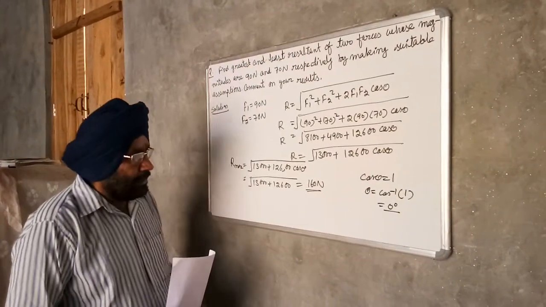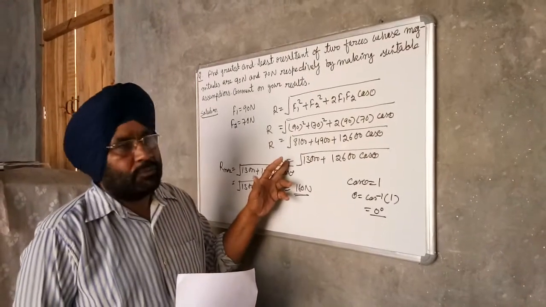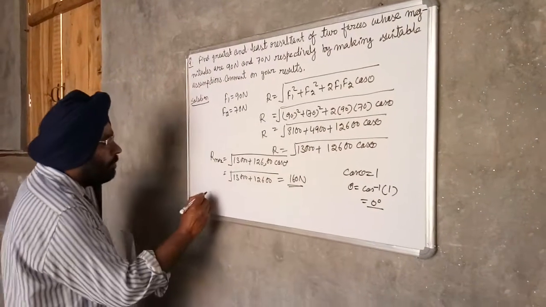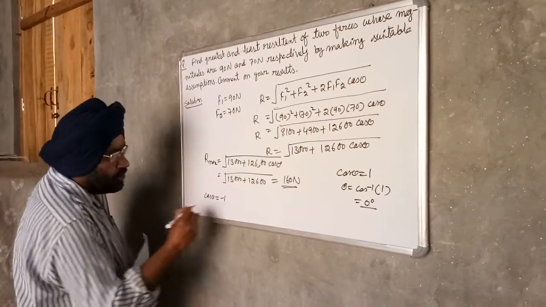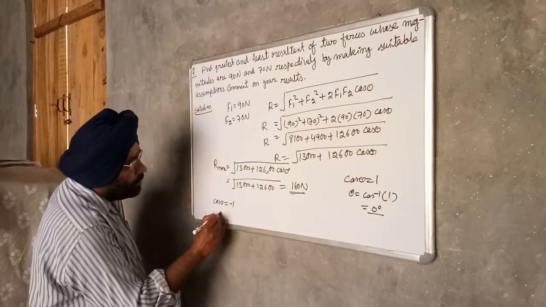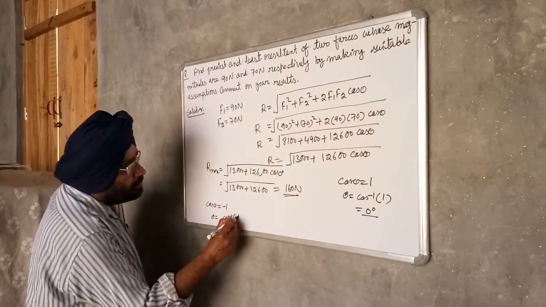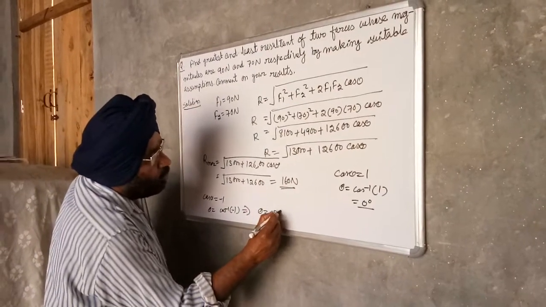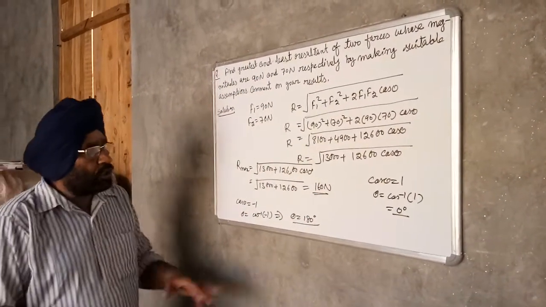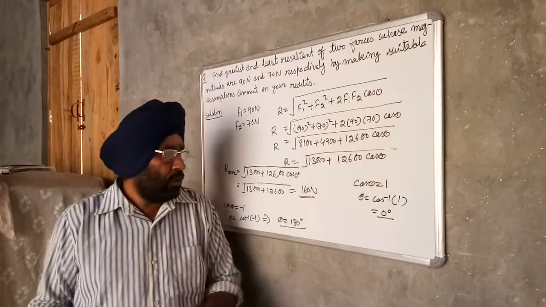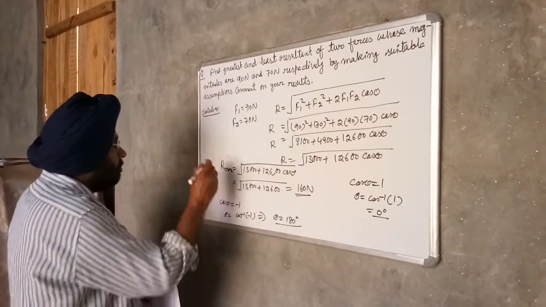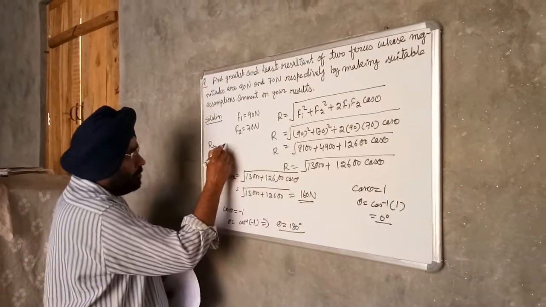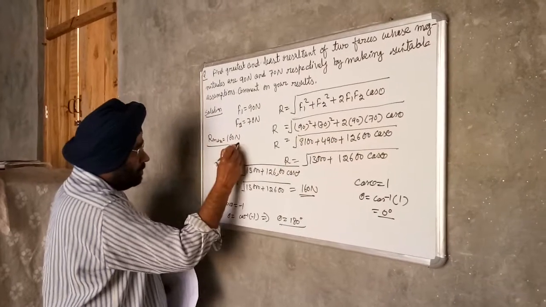Second, the resultant force R is minimum when cos theta is minimum. The minimum value of cos theta is minus 1. So it means theta is equal to cos inverse minus 1, so theta is equal to 180 degree. Put this value of cos theta in this equation. R maximum, its value is 160 Newton.